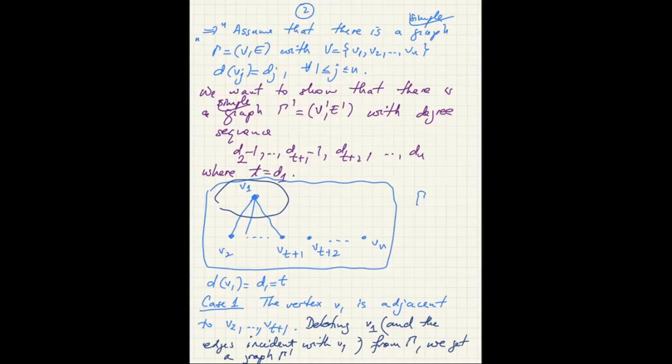This graph gamma prime will have n minus 1 vertices. And what are the degrees going to be?